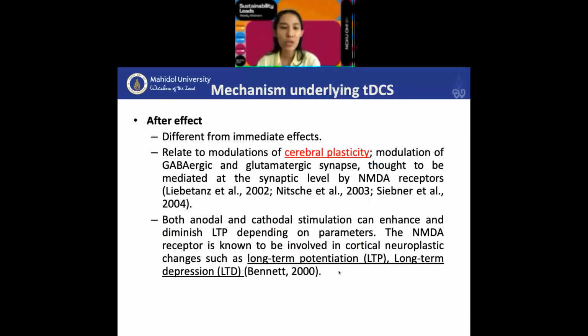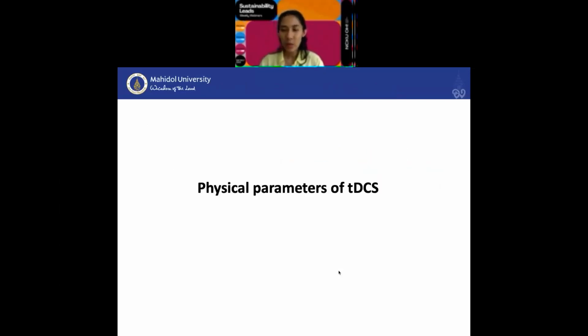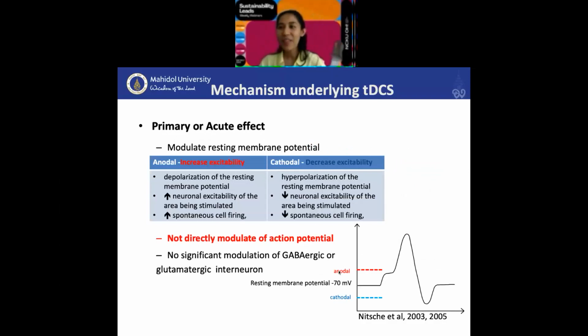There is a modulation of GABAergic and glutamatergic synapses, and then both anode and cathode stimulation can enhance or diminish LTP or LTD, which is correlated to cerebral plasticity. I'm not going into detail on this because it takes a long time, but keep in mind that tDCS does not directly modulate action potentials.